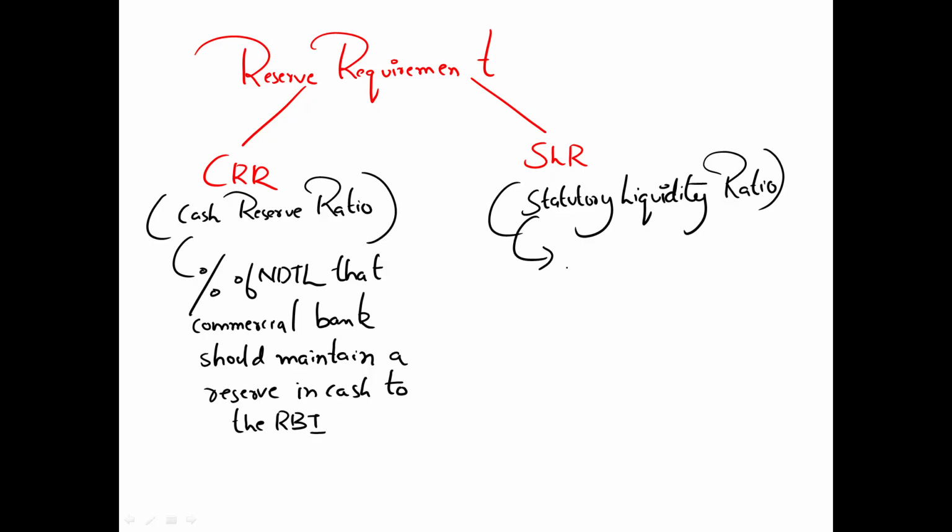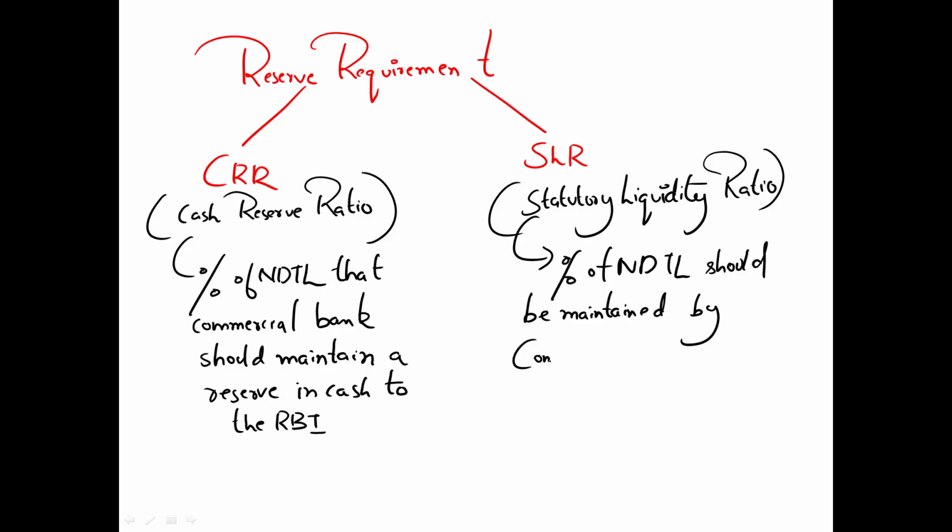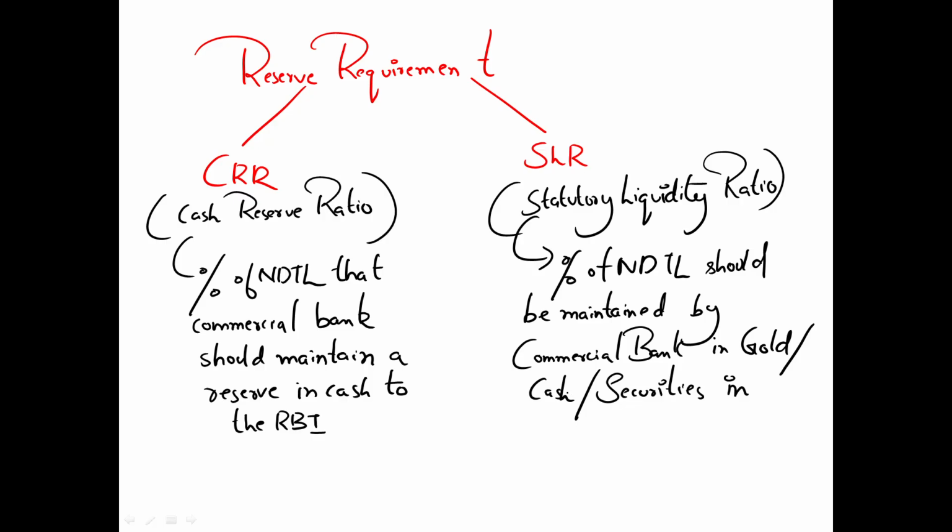Similarly, a certain percentage of NDTL should be maintained by the commercial bank itself in gold, cash or securities.